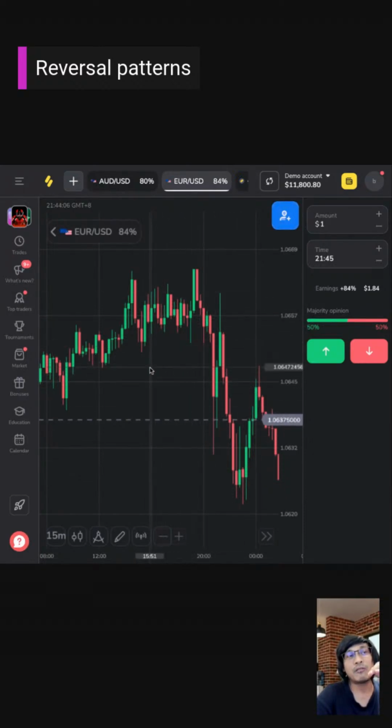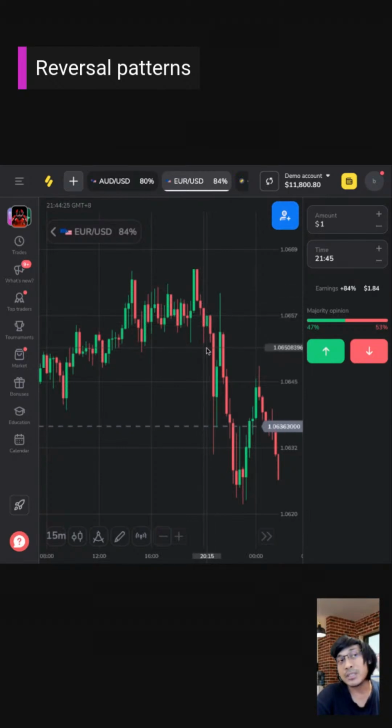So I wouldn't be so confident before the asset broke the support level, but after it broke the support level, I would imagine as it came down from the resistance going down to break the support level, you can see that it took this asset, Euro USD, 1, 2, 3, 4, 5, 6. So on the 6th candle, on the 15 minutes time frame, it was able to break the support level. So I imagine this trend will continue for the next 3 or 4 candles. About half of the candle it took to push and break the support level.